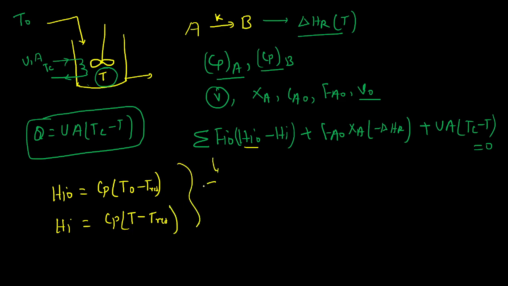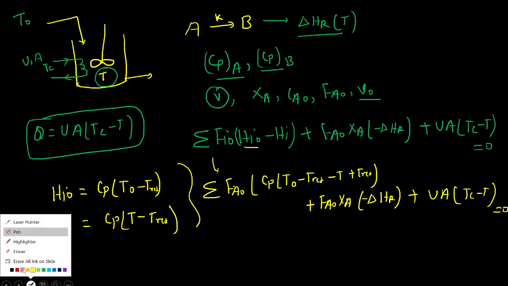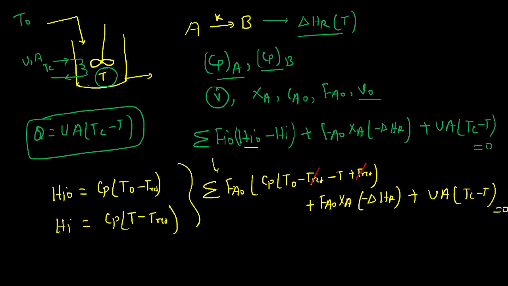So it will be equal to the summation. Here Fi naught is only A, so I can write Fa naught. Hi naught is Cp (T naught minus T reference), and Hi is Cp (T minus T reference), plus Fa naught Xa (minus delta H of R) plus UA (Tc minus T), equal to 0, right? Here you can see that T reference and T reference get cancelled out.